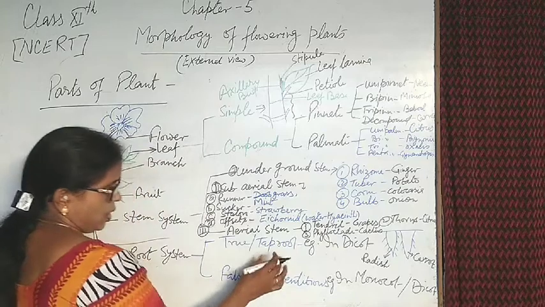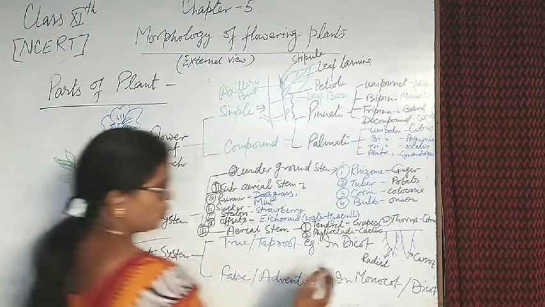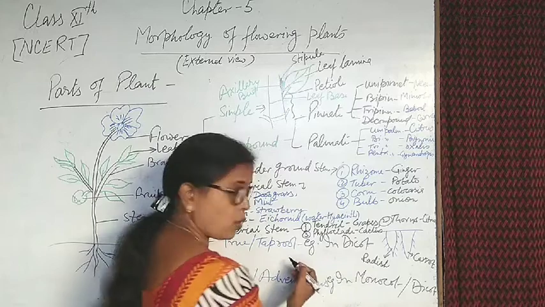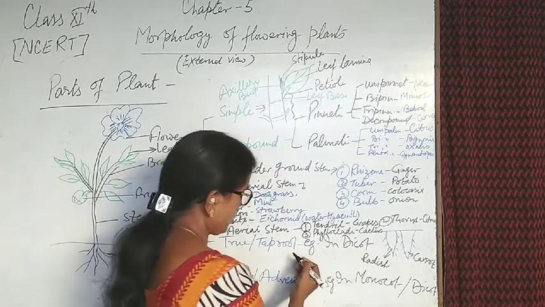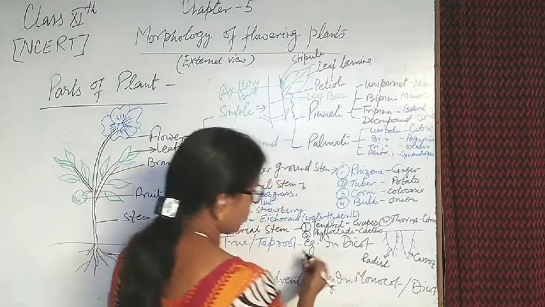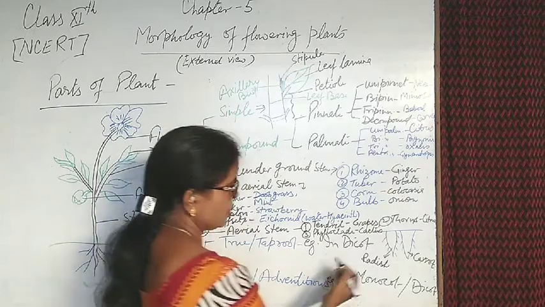Taproot shows storage food-like behavior and is mostly found in dicot plants.